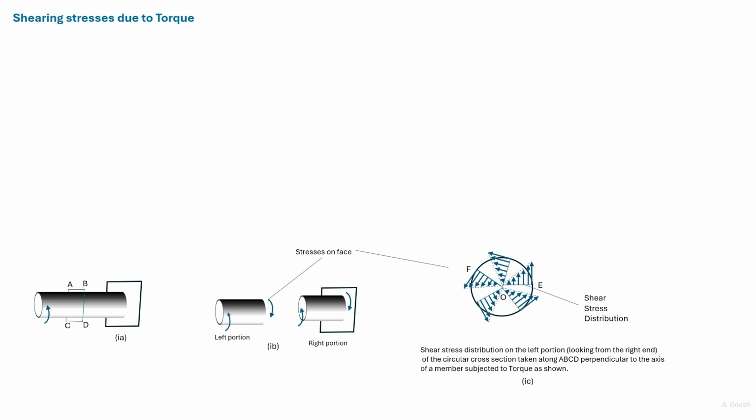Here we discuss shearing stress due to torque. Till now, the discussion has been on shearing strain only. However, we know that Hooke's law of shearing stress and strain gives a relationship between strain and stress.